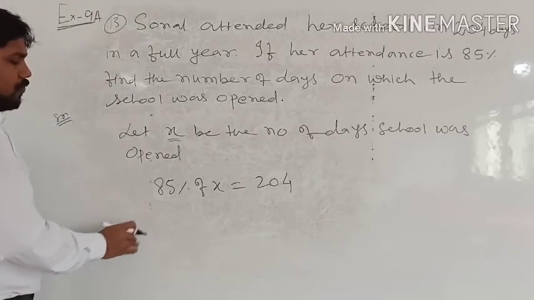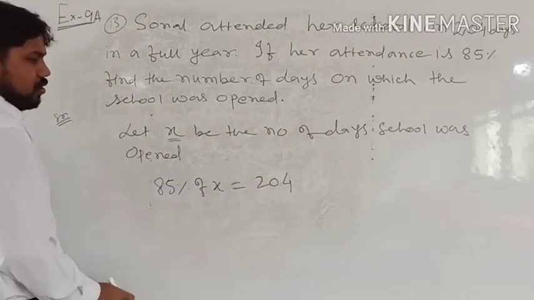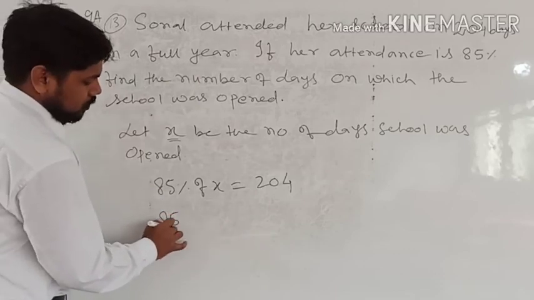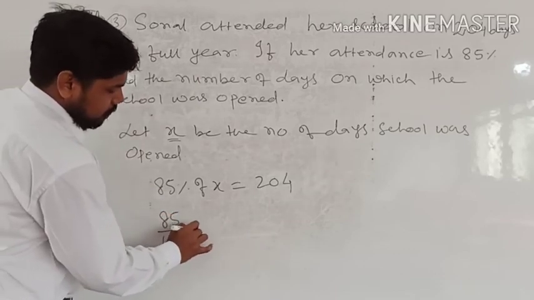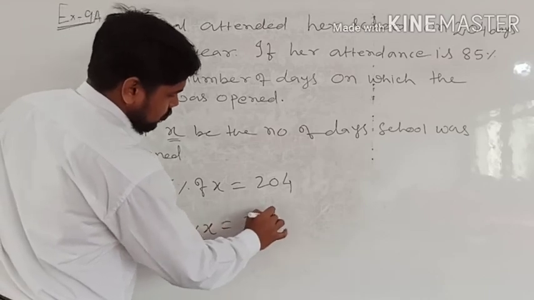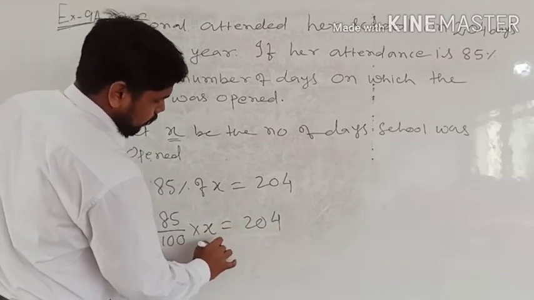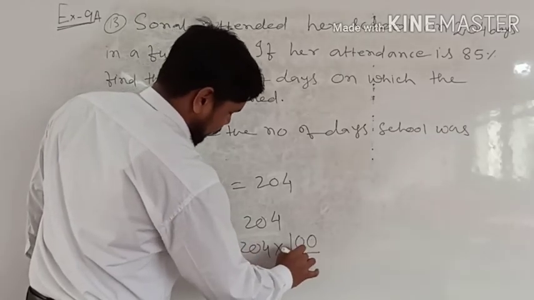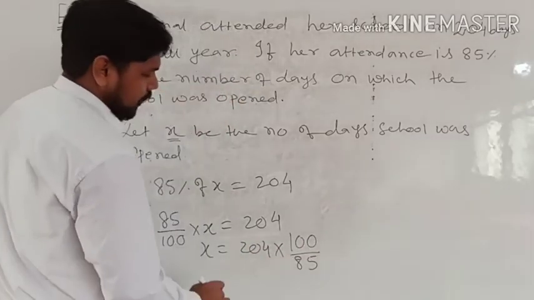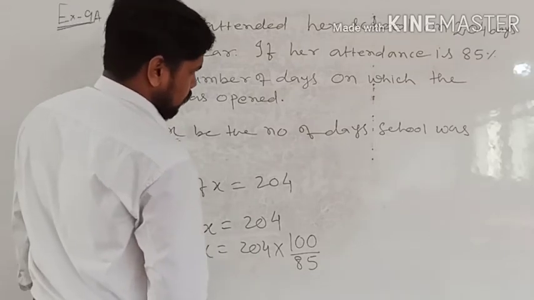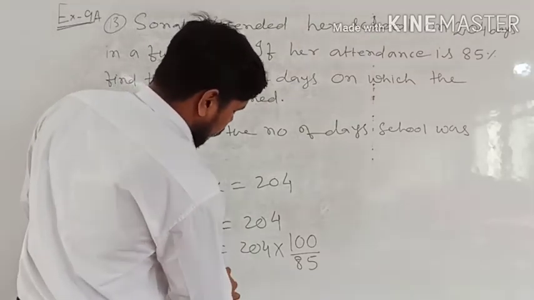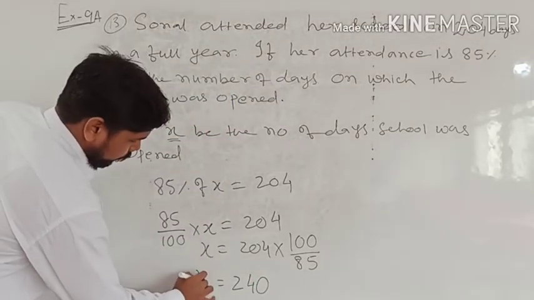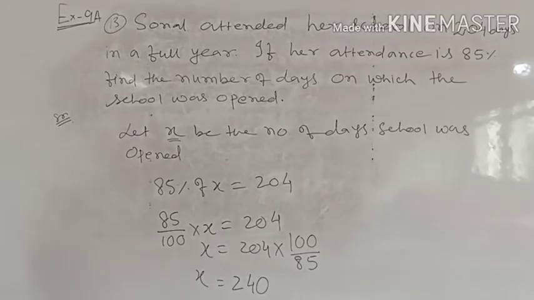So 85 divided by 100 multiplied by x is equal to 204. So x will be 204 multiplied by 100 divided by 85. Now if you solve this, you will get 240. So the value of x which you will get is 240.